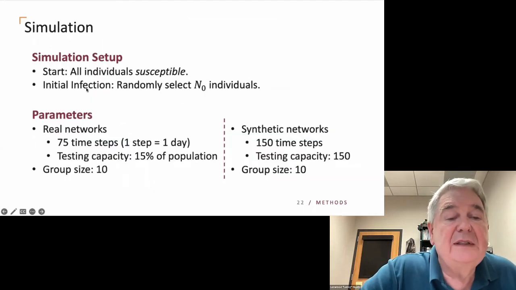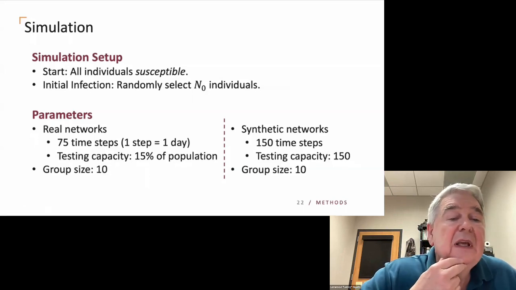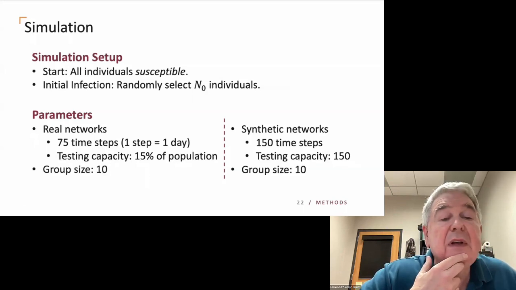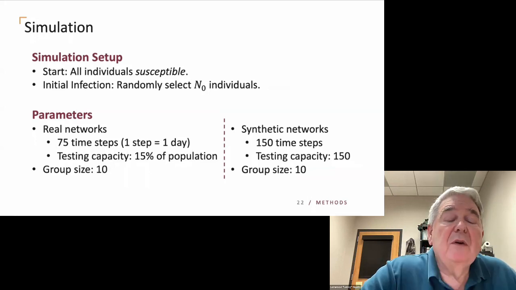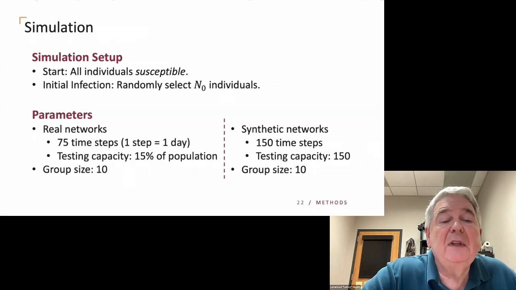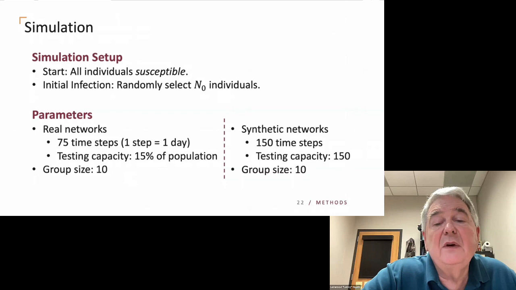So we have a simulation for testing our ideas, the AGT scenario in particular, but also other scenarios for comparison purposes. We initially assume all individuals are susceptible, and then we use a parameter N0 to randomly select N0 individuals for initial infection.